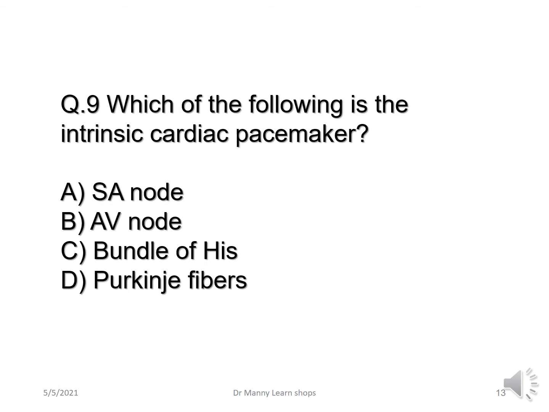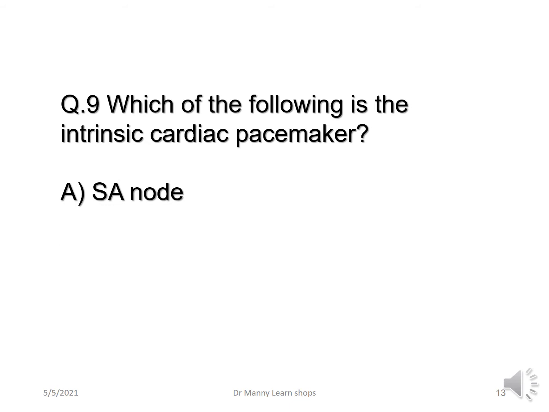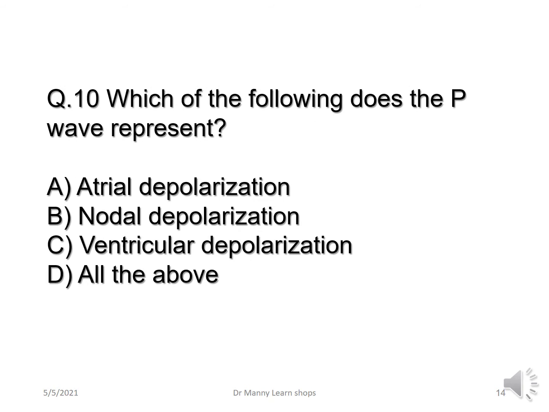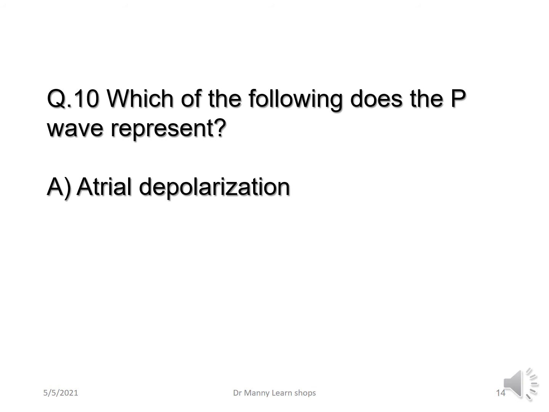SA node, AV node, bundle of His or Purkinje fibres? The correct answer is A, the sinoatrial node. Which of the following does the P wave represent? Atrial depolarization, nodal depolarization, ventricular depolarization, or all of the above? The correct answer is atrial depolarization.